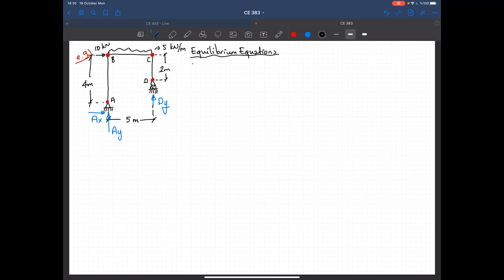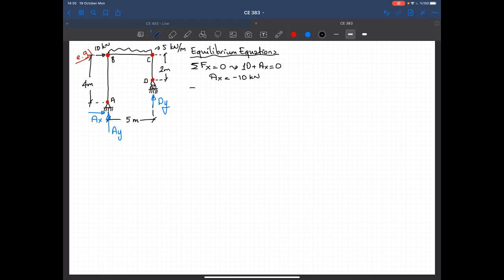So the first equilibrium equation is sum of forces in X must be equal to 0. So this gives me that 10 plus AX must be equal to 0. So AX is equal to minus 10 kilonewtons.